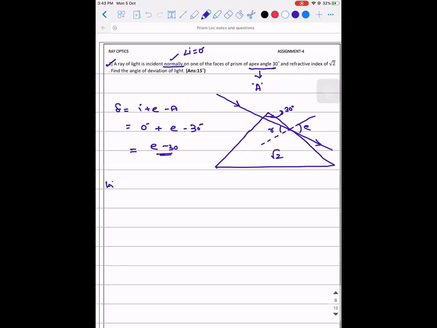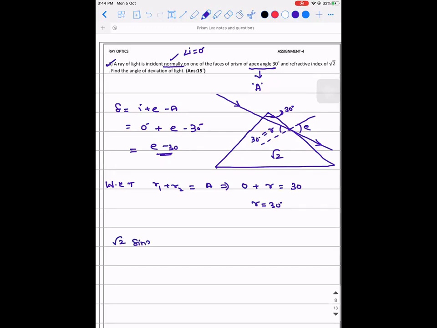So we know that R1 plus R2 is A. What is the value of R1 here? 0. It's 0 plus R is equal to 30. So R is also 30 degrees only. Now apply Snell's law.